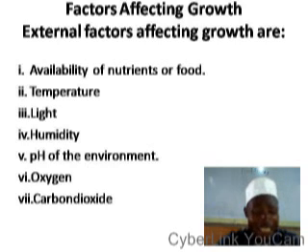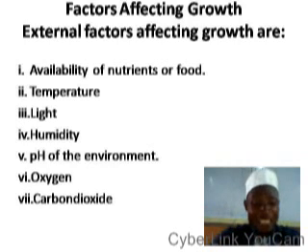Another factor affecting the growth of plants is humidity. Humidity is the amount of water content in the atmosphere. The more the humidity in the atmosphere, the more the growth of plants is favored.